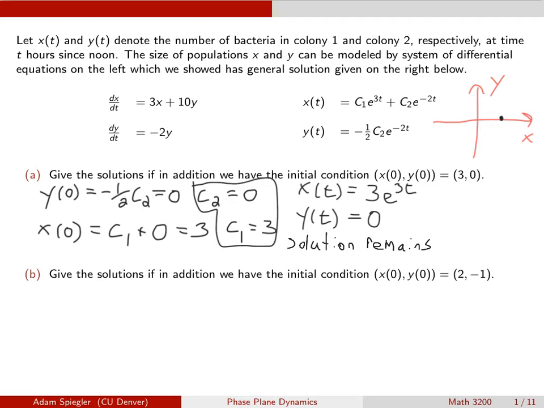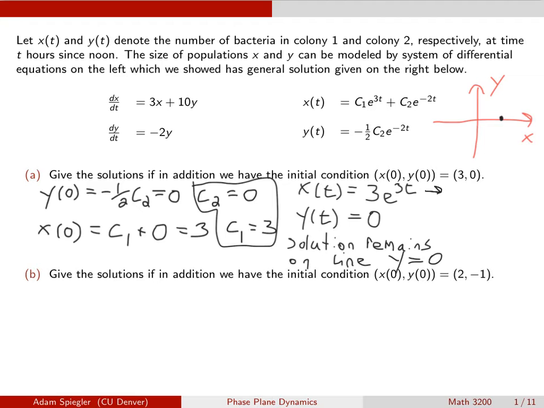So it's going to remain on the line y is equal to 0. But it can go in two directions. So maybe we head this way. It's possible we head that way. To see which direction we head in, we can look at the solution for x.